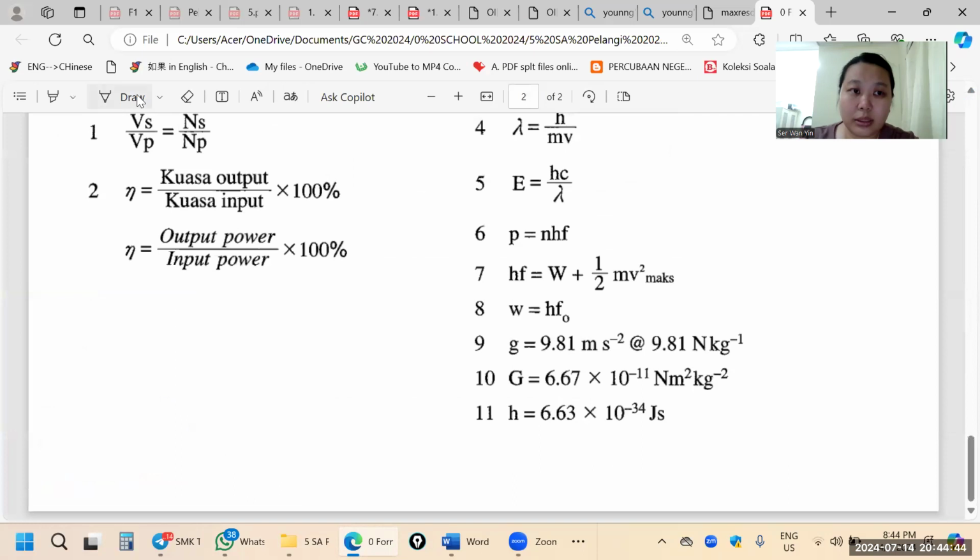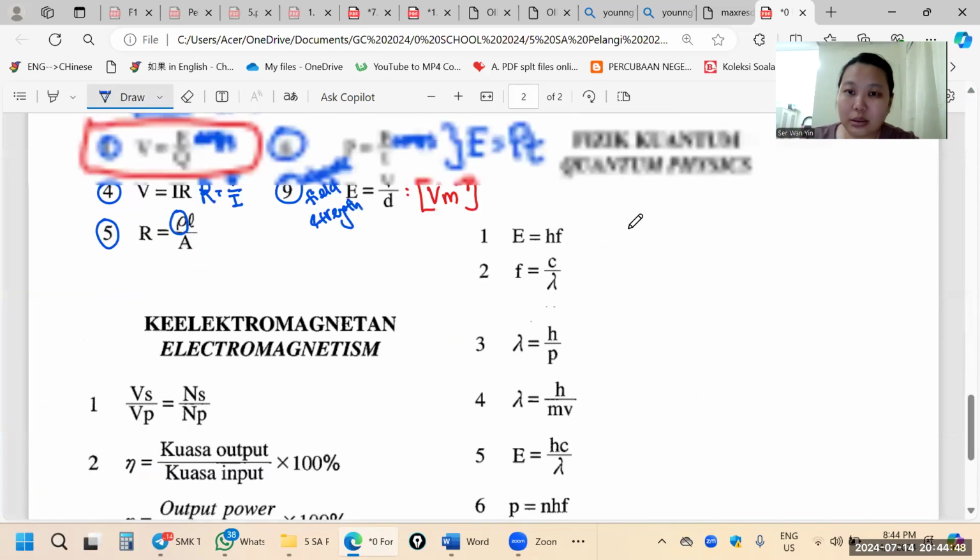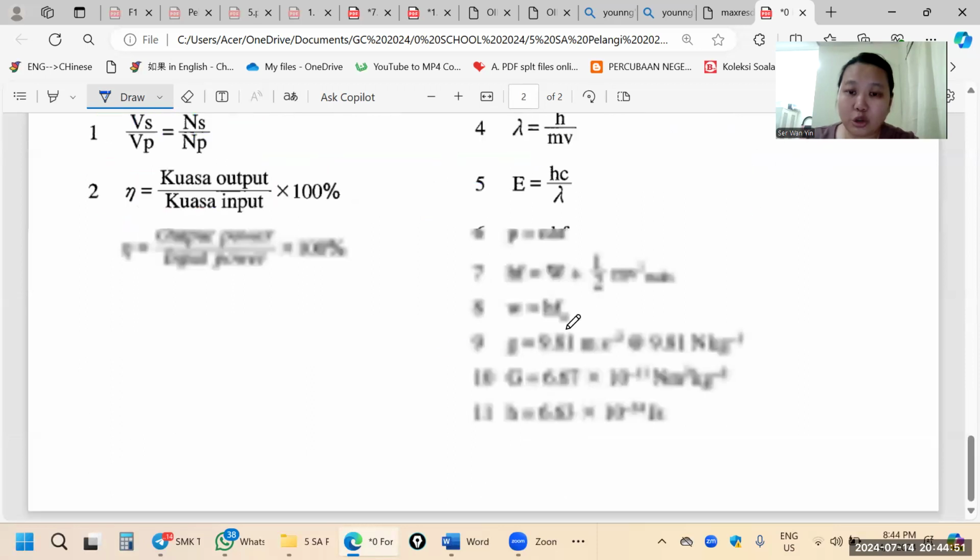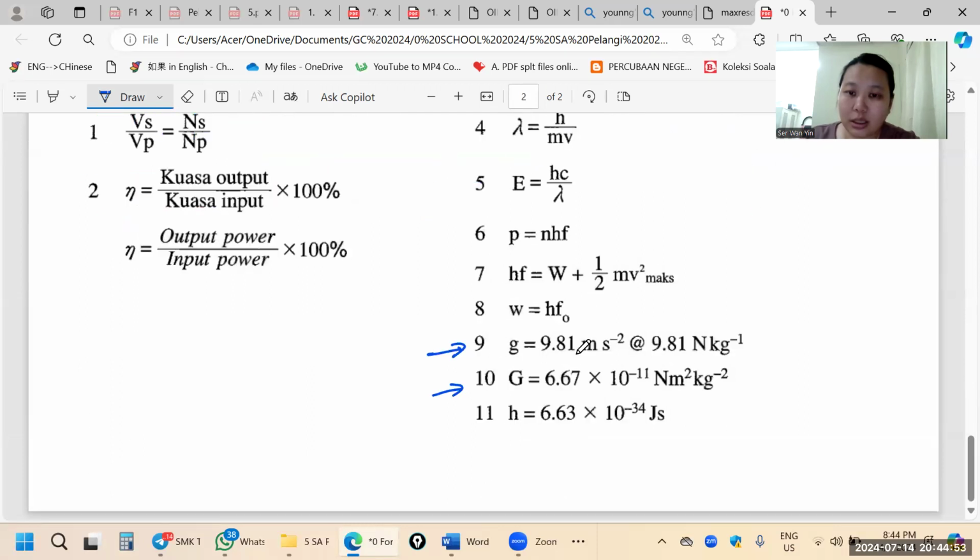Under quantum physics, G is given as gravitational acceleration, the constant of Newton's universal law.